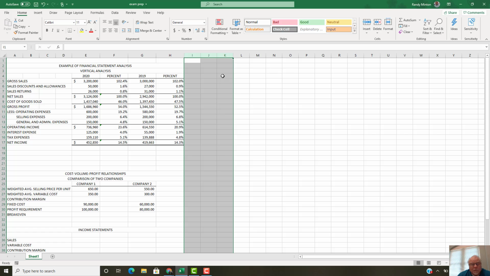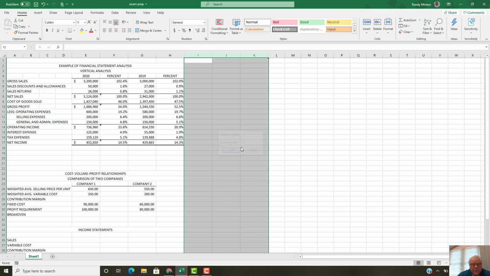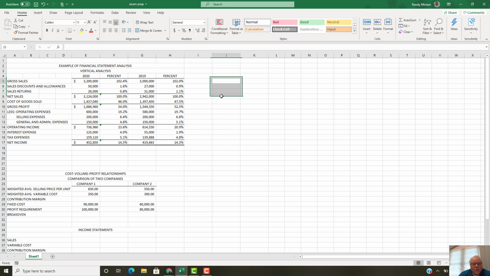So I'm just going to come over here and change my column width to 15. If I were doing a horizontal analysis, and I'll go all the way over here so that you can see, I'm going to have my base year, which is this, and this is my current year, but everything will be based on the base year.